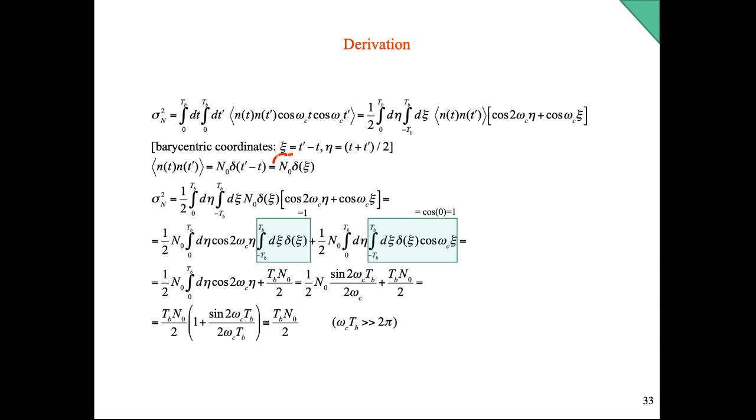N0 appears when we take the correlation function of the noise, which is a delta function, and N0 can be seen as the variance of the noise, not of the output of the matched filter, of the demodulator, but the variance of the noise.